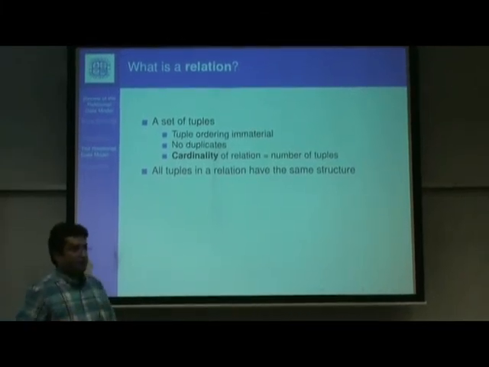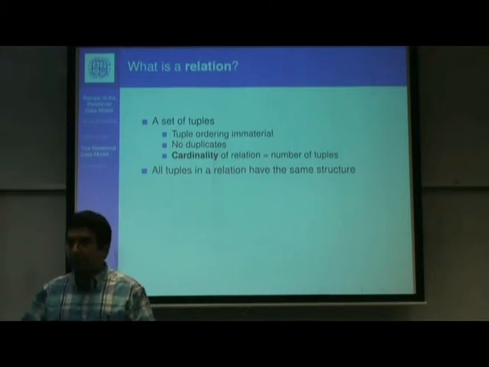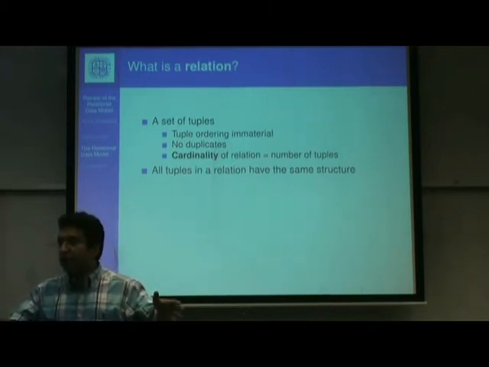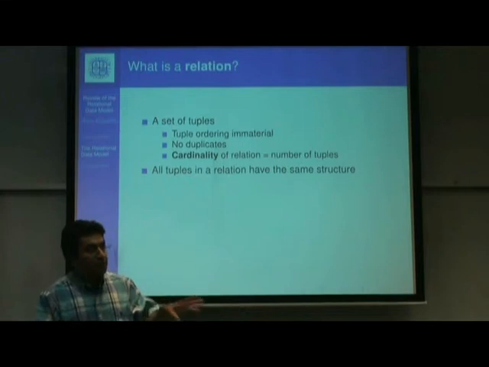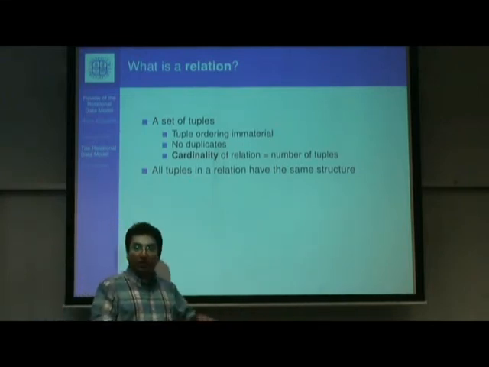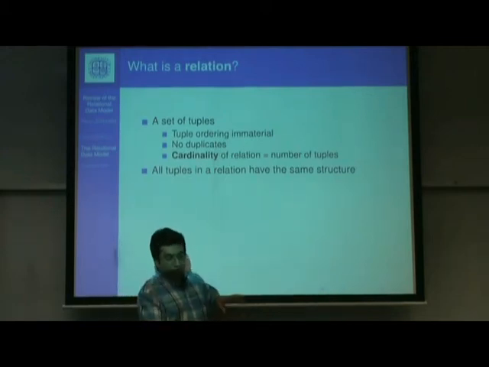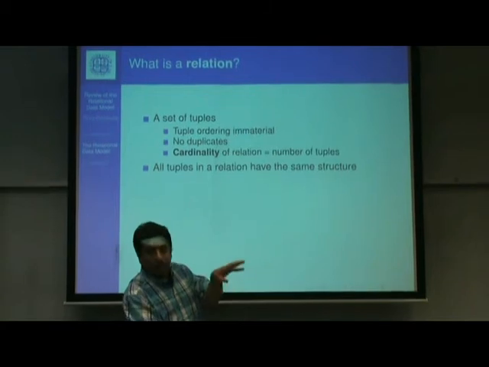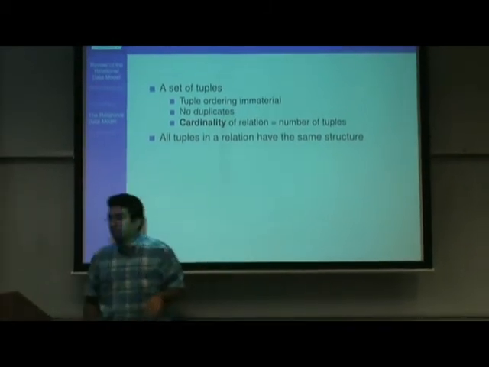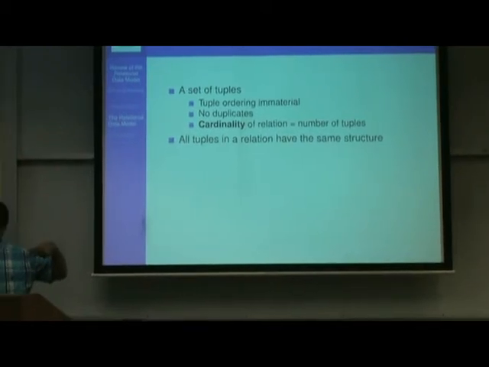This is the main difference between, for example, the relational data model and the semi-structured data model. In semi-structured data, in an XML file, you can have different schemas. You can have different attributes. It's a kind of tree structure, exactly, and each part of the tree can be different.